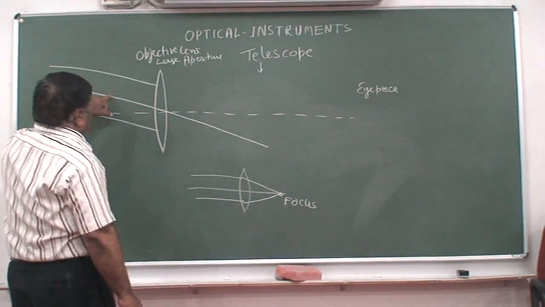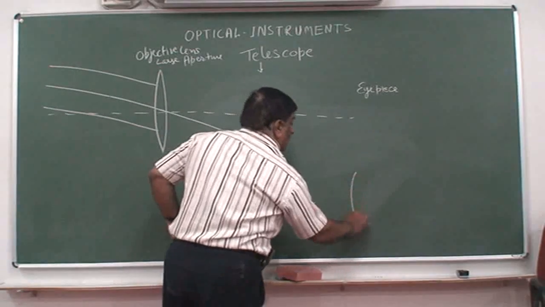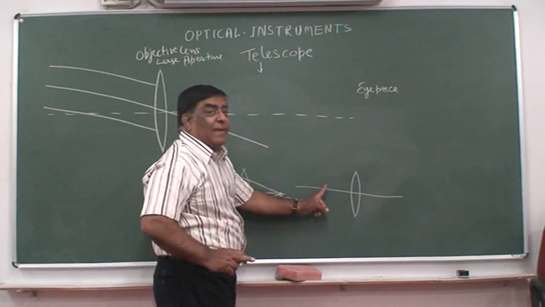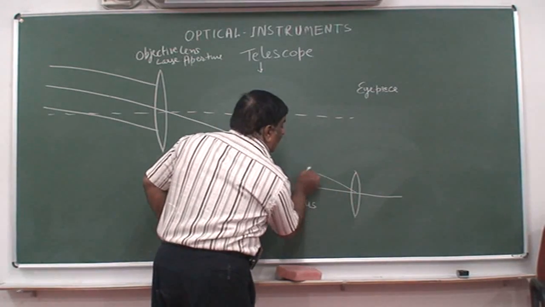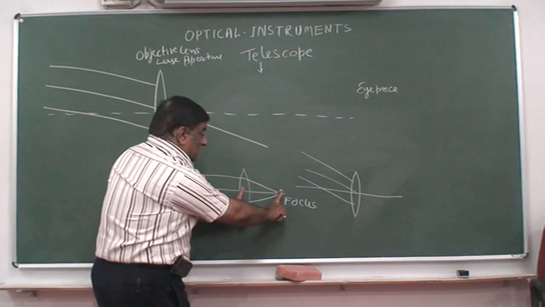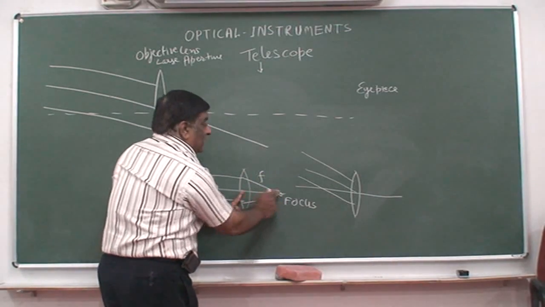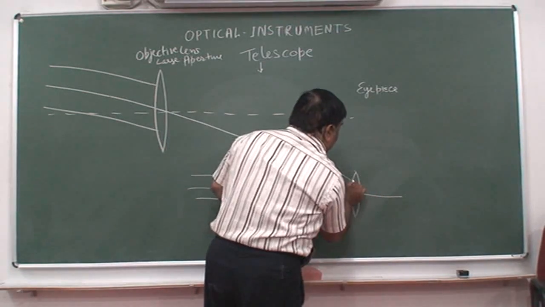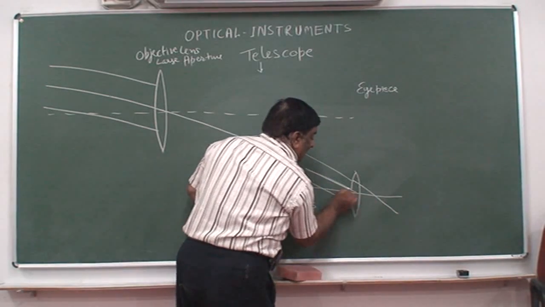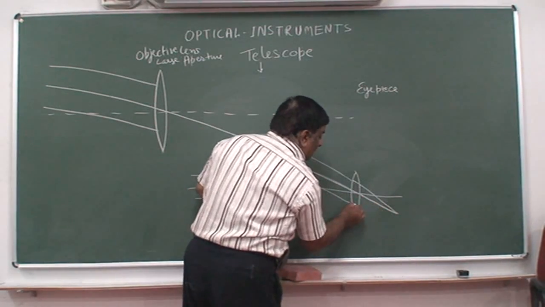But if they are coming parallel to each other but not parallel to the principal axis, then they will again meet at the same distance f. The ray going through the optical center will go straight.